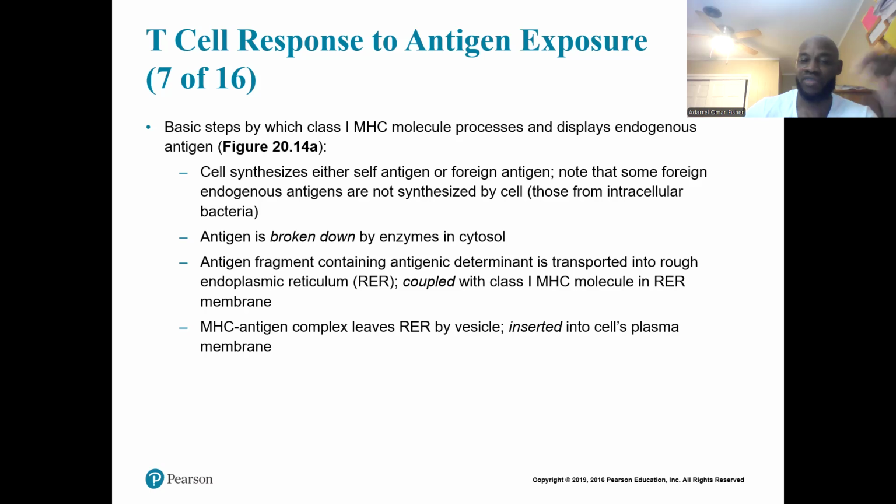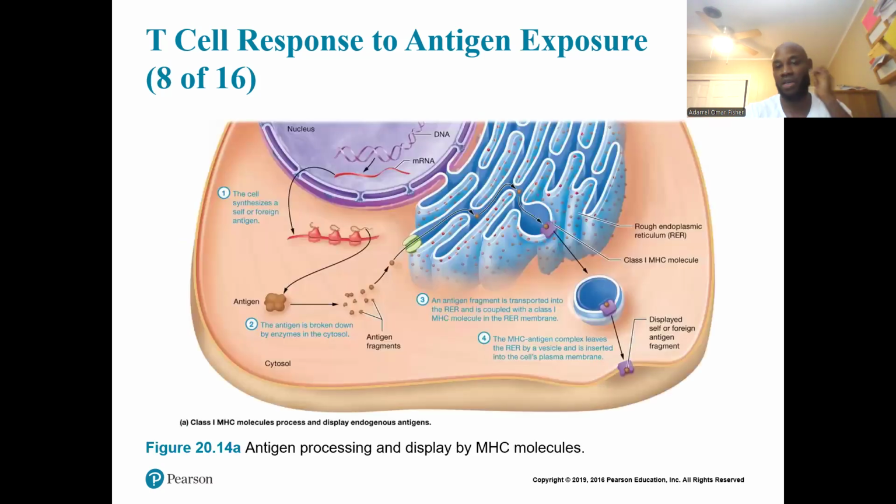The MHC antigen complex leaves the RER by vesicle, and then it's presented on the cell's plasma membrane. Right, so that's the process of antigen processing with the class 1 MHC molecule. It presents on the surface, which can be recognized by a T cell.